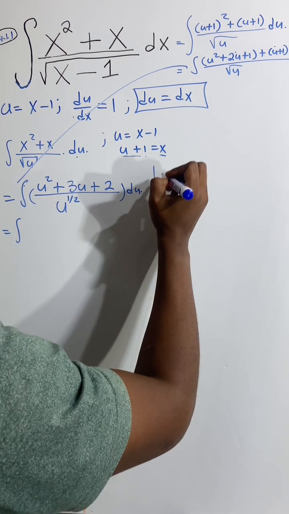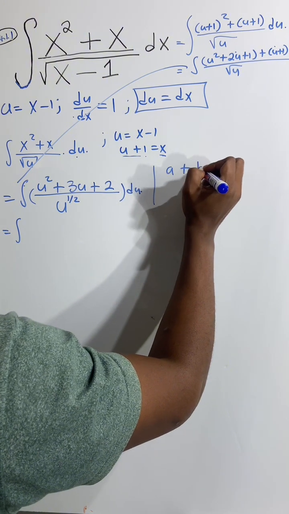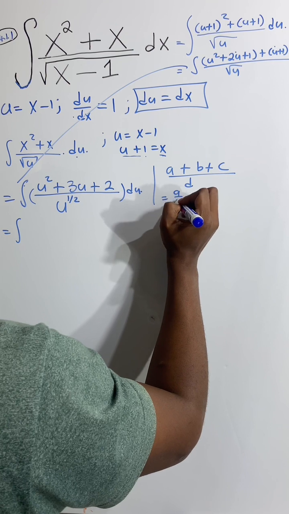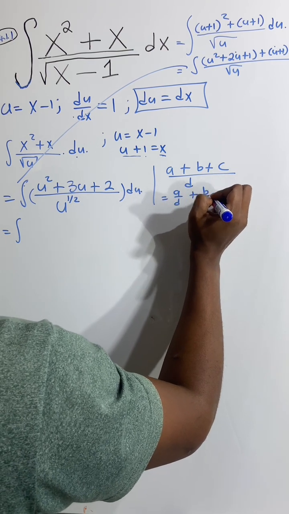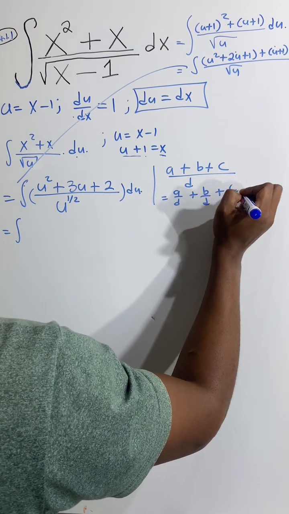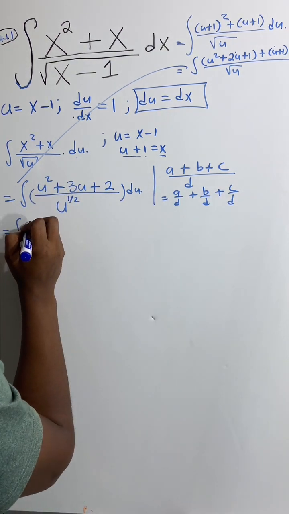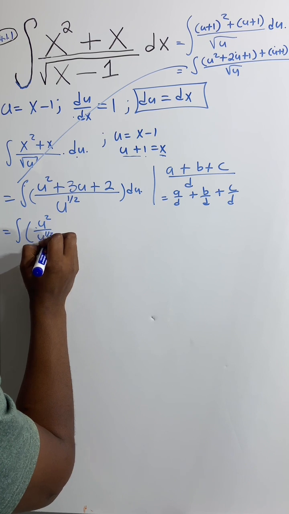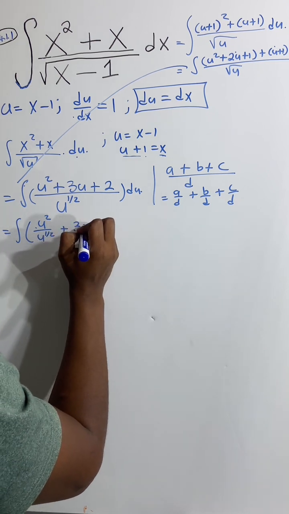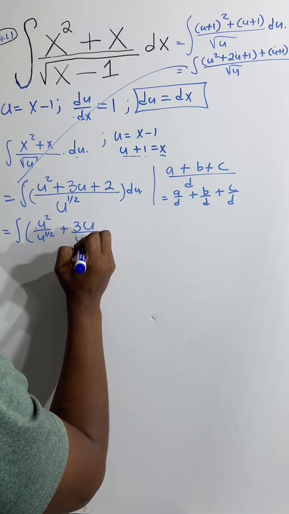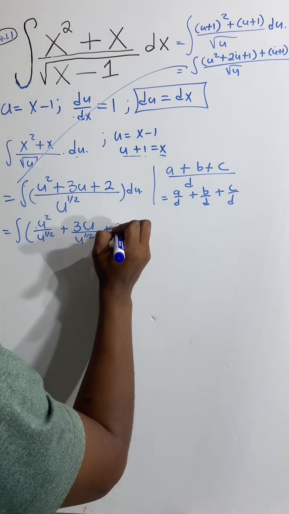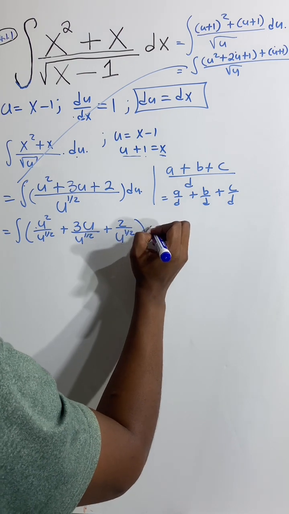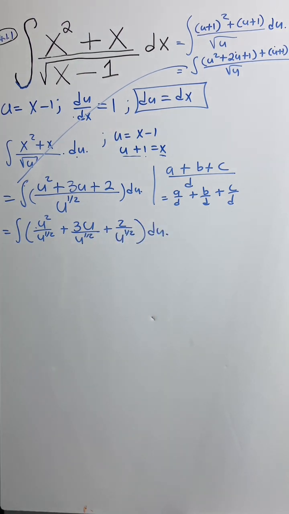We know that (a plus b plus c) over d is equal to a over d plus b over d plus c over d. So in the same token, we'll get u squared divided by u to the power 1 over 2, plus 3u divided by u to the power 1 over 2, plus 2 divided by u to the power 1 over 2, du.